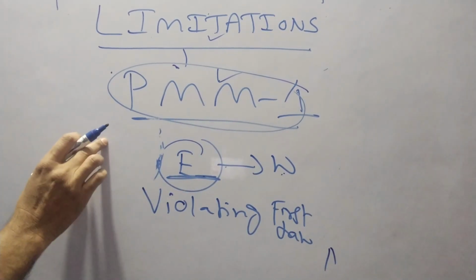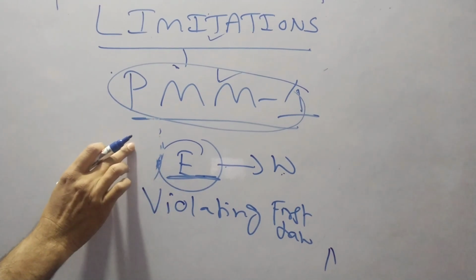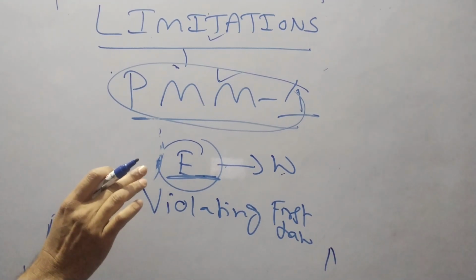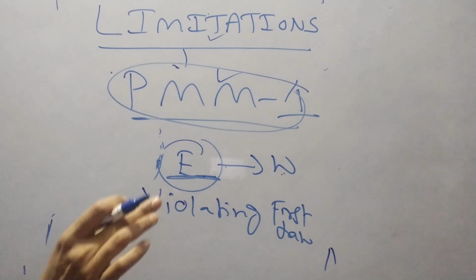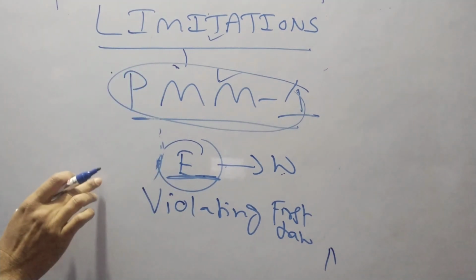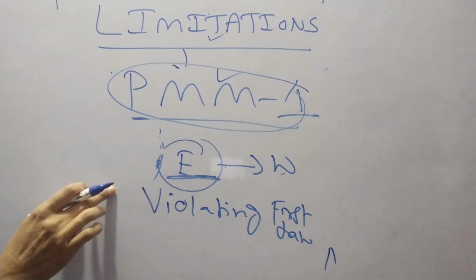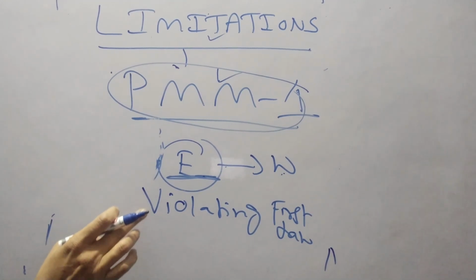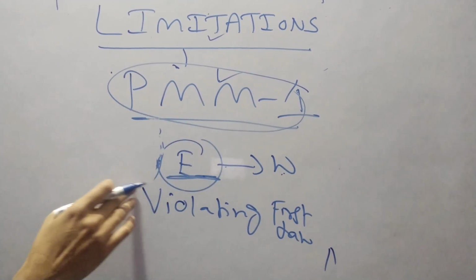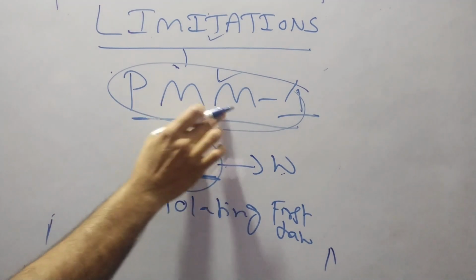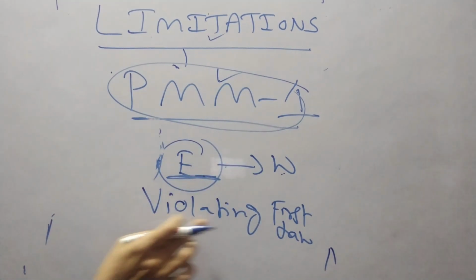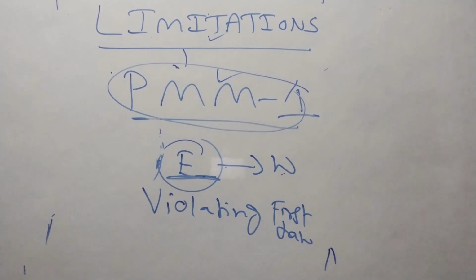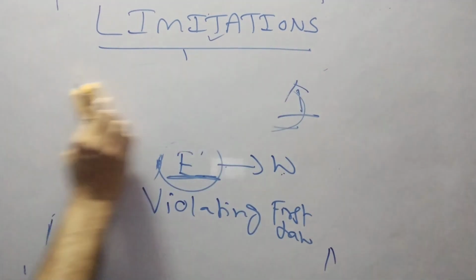Again, I am summarizing. The zeroth law is defined only for thermal equilibrium. For other equilibrium, such as mechanical or chemical, it is not defined. In the first law, direction is not specified, whether Q and work, the direction in which they flow is not defined. And if a PMM1 machine is there, it is violating the first law. So these are the limitations of the zeroth and first law.